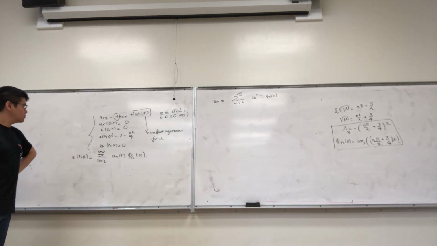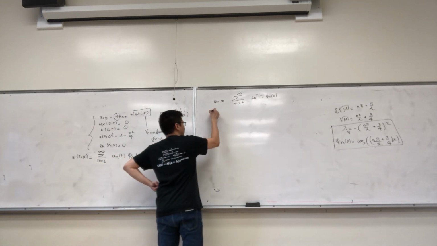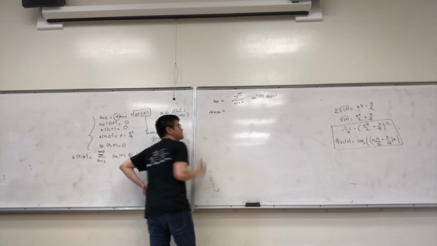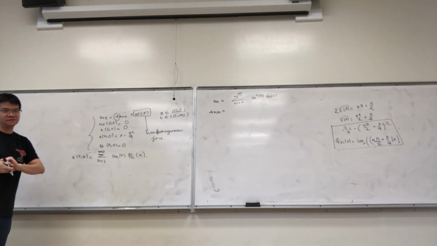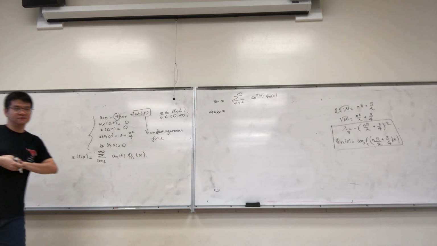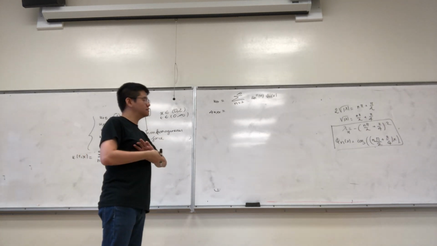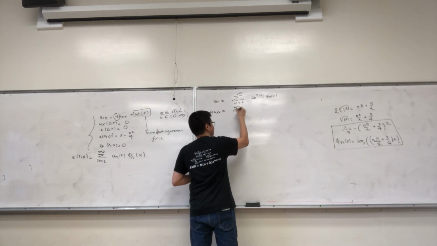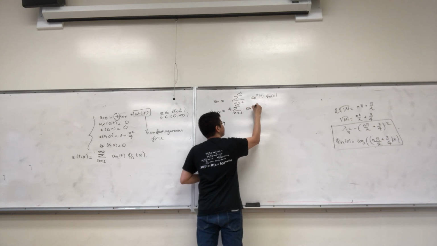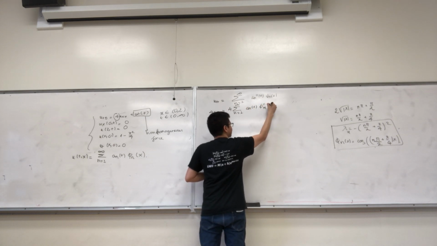Right. So now, what is u xx? It'd be 4 times the summation of a n of t times phi n double prime of x. So this is going to be 4 times a n of t phi n second of x.